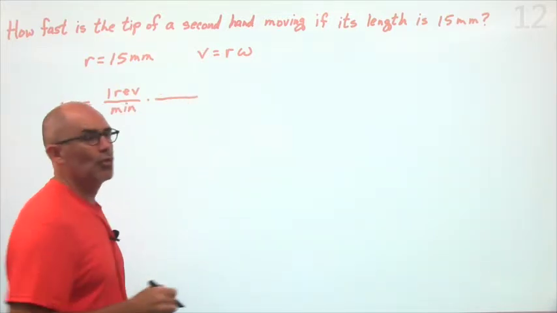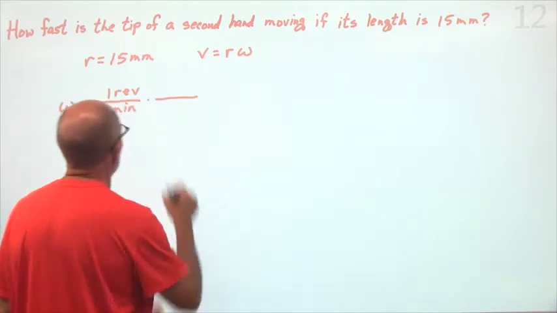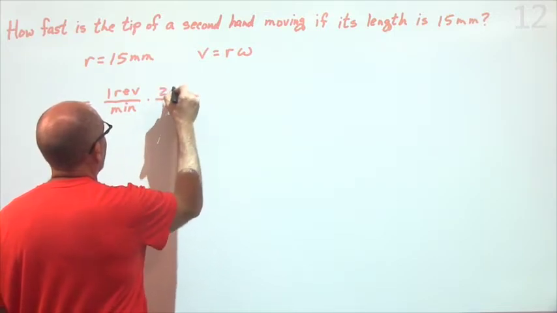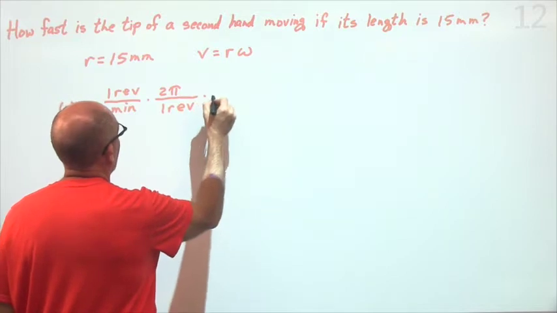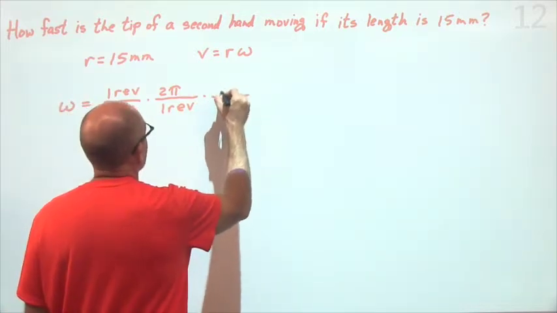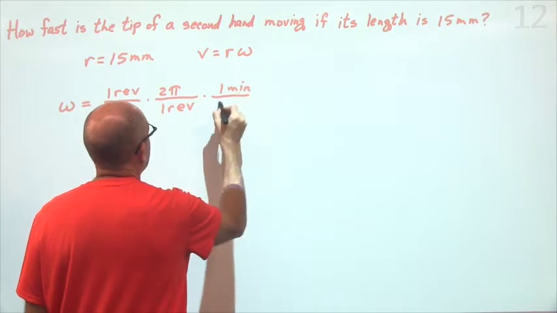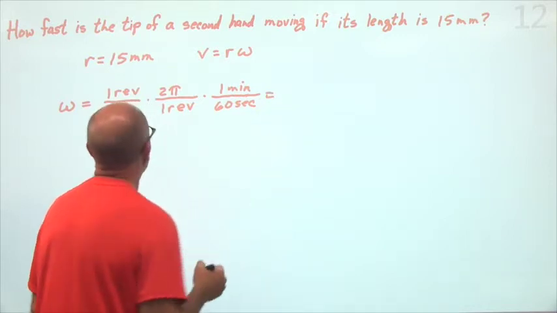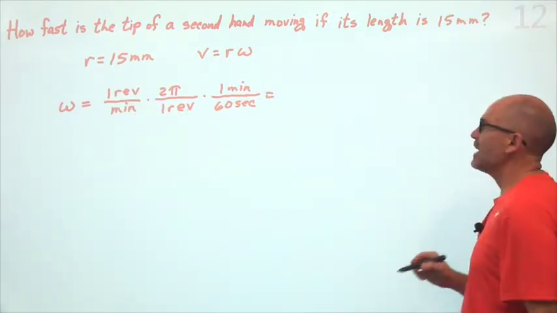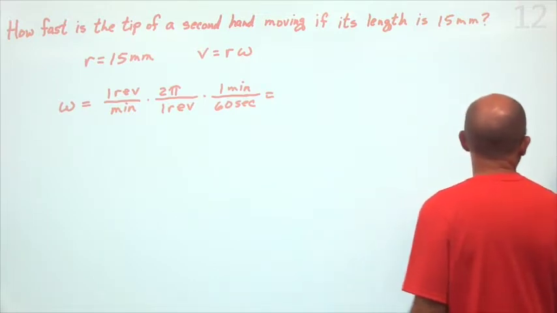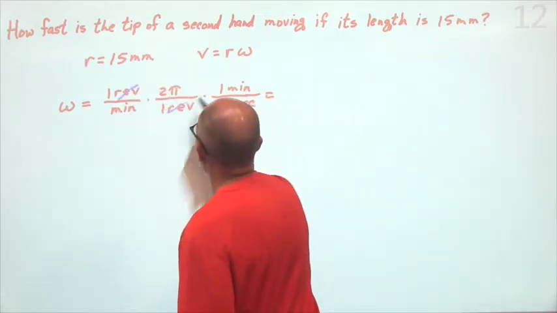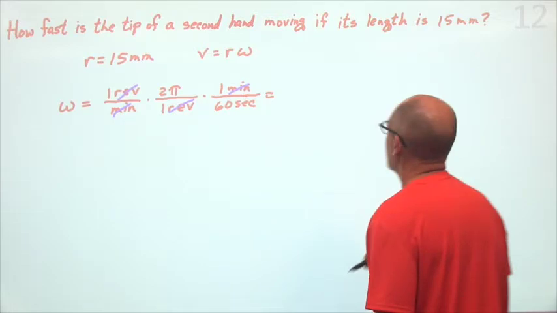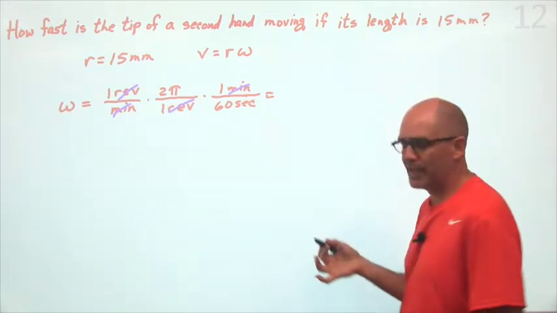Now, we need to get this into radians per second. So, 1 revolution is 2 pi radians. And 1 minute is 60 seconds. So that means the angular velocity, notice the revolutions cancel, the minutes cancel, and I'm left with simply radians per second, or just per second.